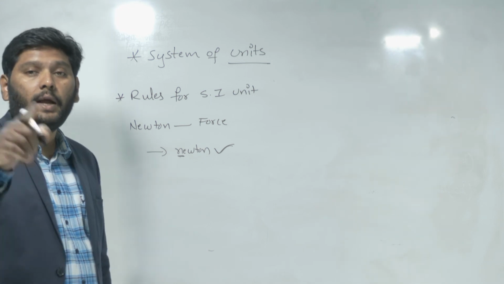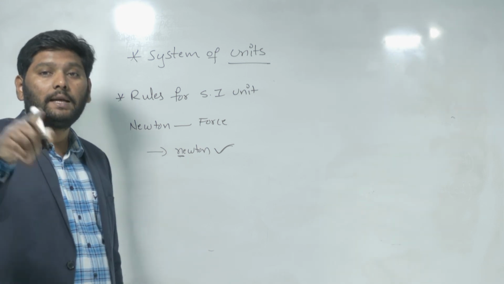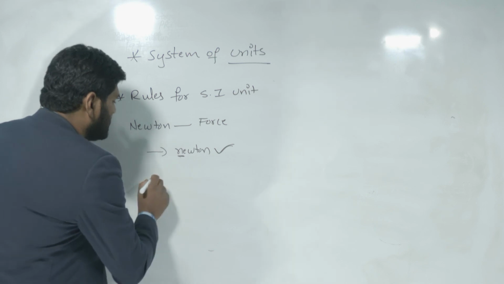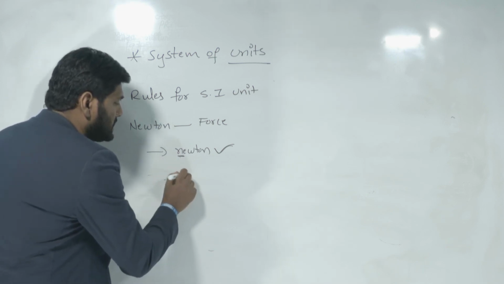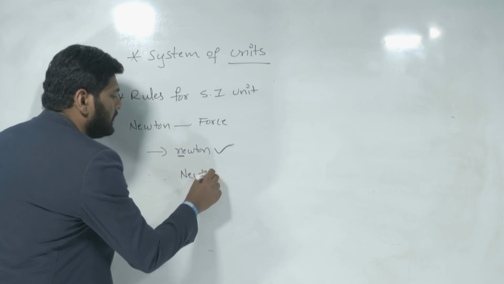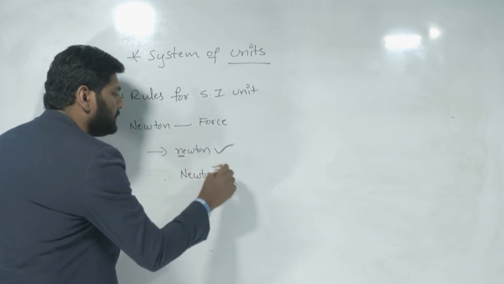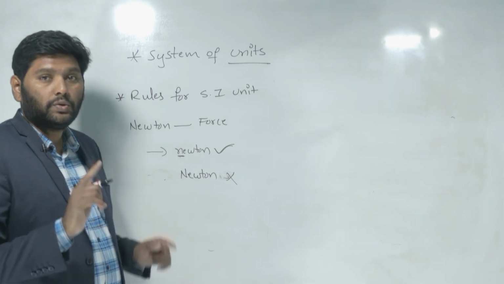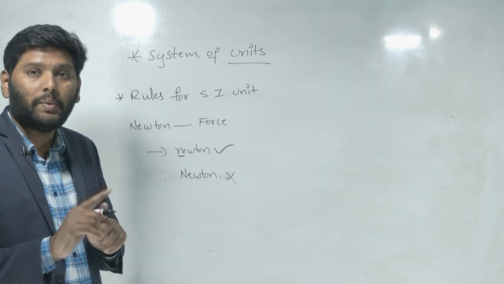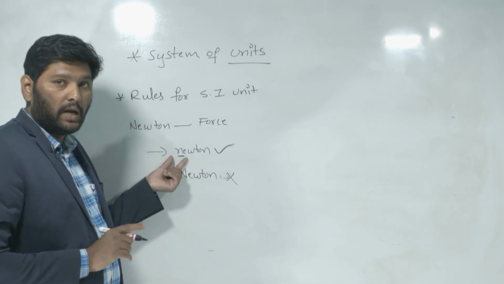If you write the same unit as a symbol, you should not start with a small letter. When you want to write the total name as a unit, you start with a small n.